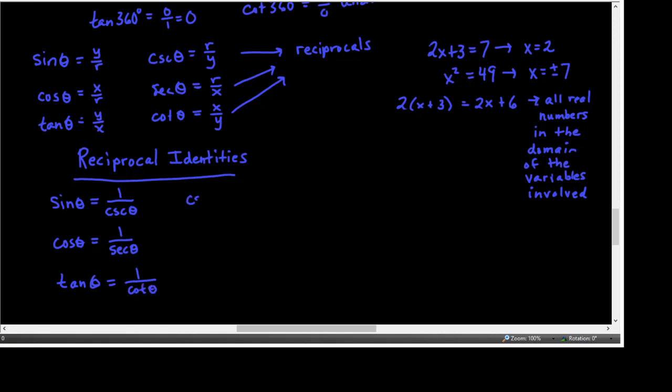And so the reciprocal of cosecant is sine. And by the way, the reciprocal identities that I'm writing right now, cosecant, secant, and tangent, cotangent, those are not buttons on the calculator because of these identities. Let me finish writing them all down and I'll give you an example.